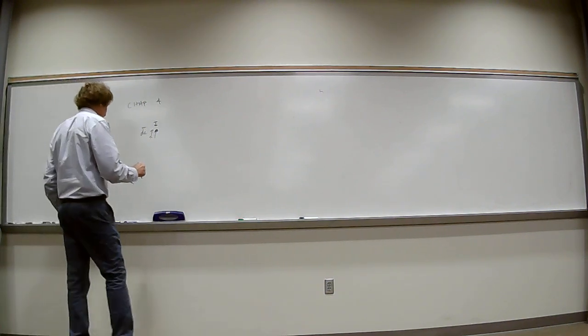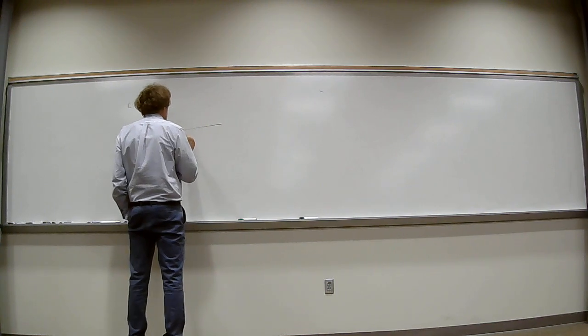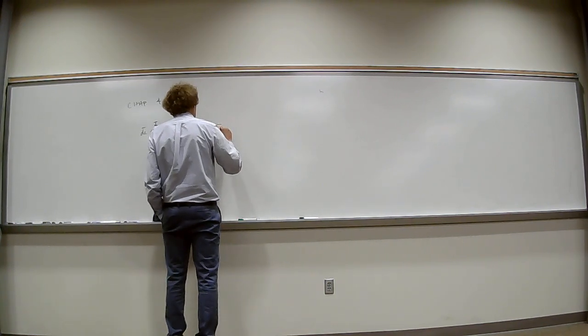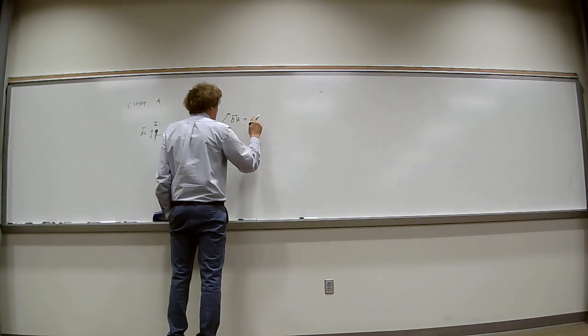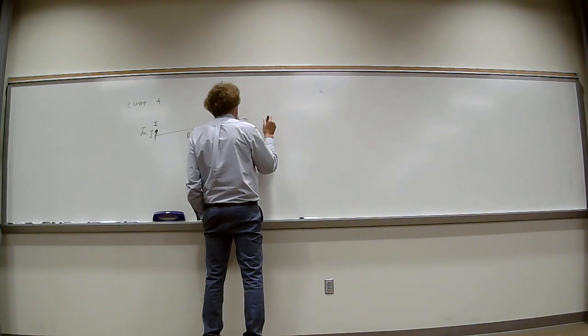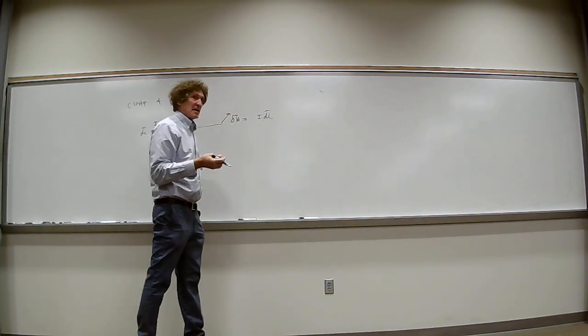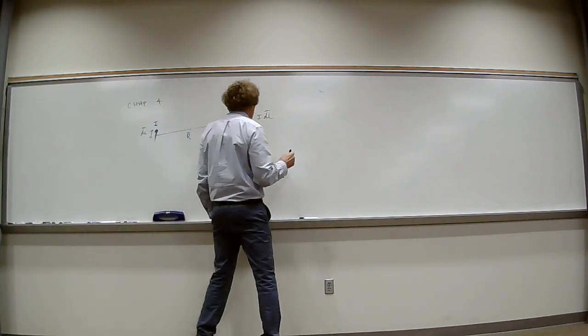Then, if you have this, and I come out a distance r away, and I want to know what differential H field is created here. That differential H field will be equal to I dl. Remember, dl is a vector. It has both a direction and a length, but it's differential, so it's infinitesimally small.